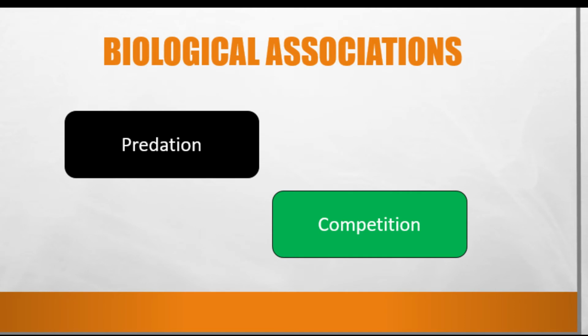Now let's look at the biological associations. How organisms interact to benefit from one another, or even though they don't benefit, they get some kind of protection. That's what we call the biological associations. The first one is predation. This involves the predator and the prey. It's the relationship between two groups of animals in which one species hunts, kills, and eats the other.